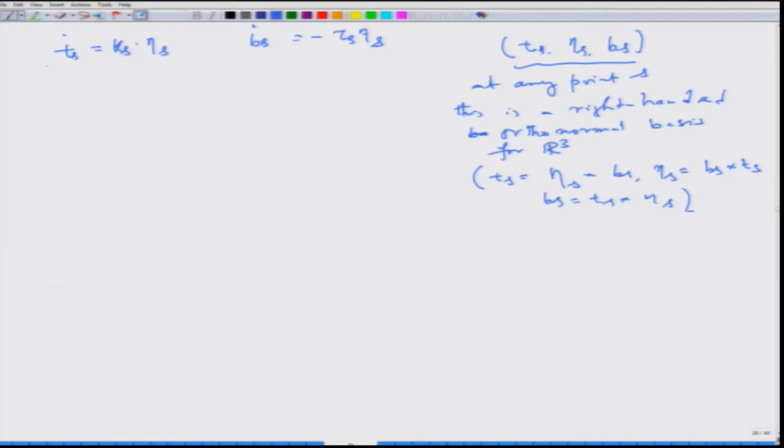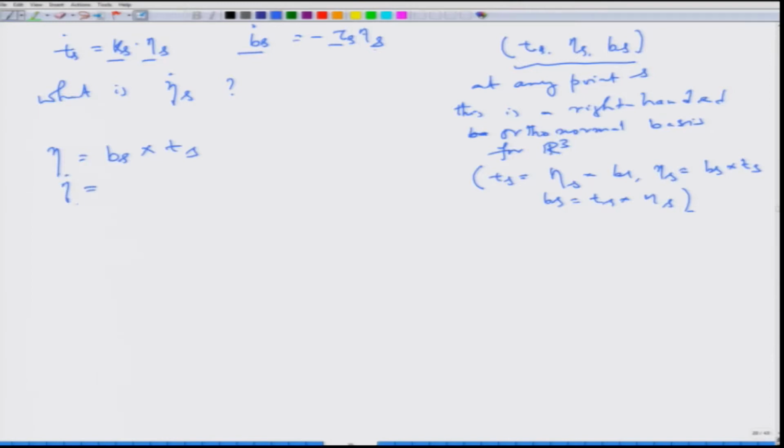But now I know T'(s) in terms of curvature and η(s). I know B'(s) in terms of torsion and η(s). So, what is η'(s)? Well, I know η equal to, just now I wrote, B(s) cross T(s).